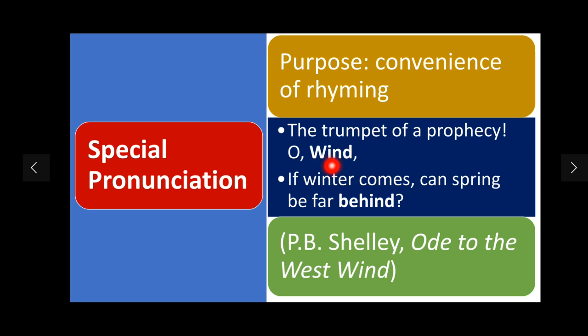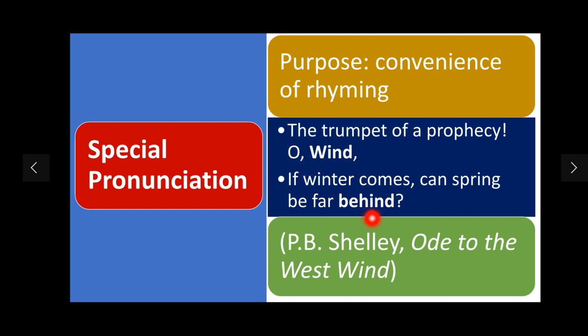So even if you pronounce this as "wind", like for example, "The trumpet of a prophecy! O wind, if winter comes, can spring be far behind?" then you will say "behind" to match it. Or if you pronounce it as "behind", then you will pronounce "wind" to match, even though it is normally pronounced "wind".